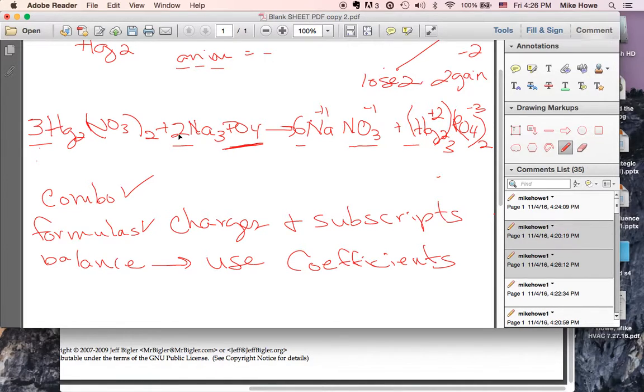I'm hoping you did not say 8, because there's only one PO4 in this formula. When multiplied by 2, we now know that there are 2 PO4s. Look how many are on this side. There are 2 PO4s. And that, boys and girls, is the balanced equation.